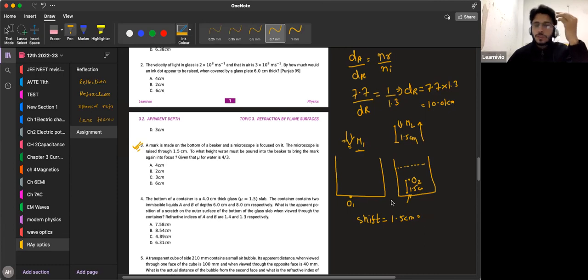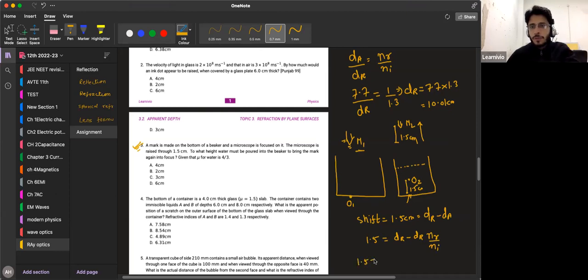And how do we calculate shift? We have derived a formula for shift also. Shift is the real depth minus apparent depth. So you can say this is 1.5. What is apparent depth? Apparent depth is real depth into the refractive index of the refracted medium divided by the incident.